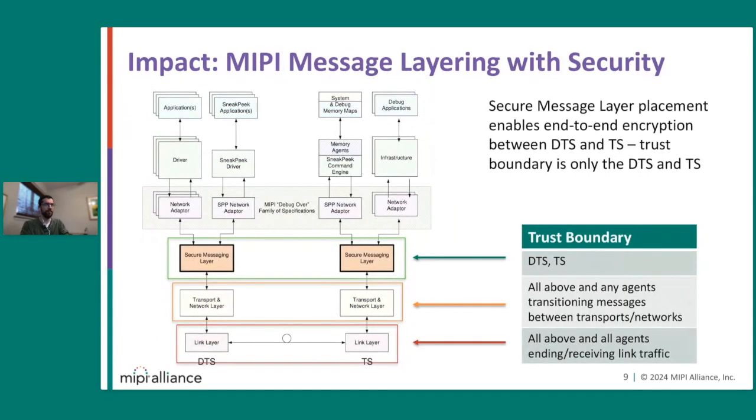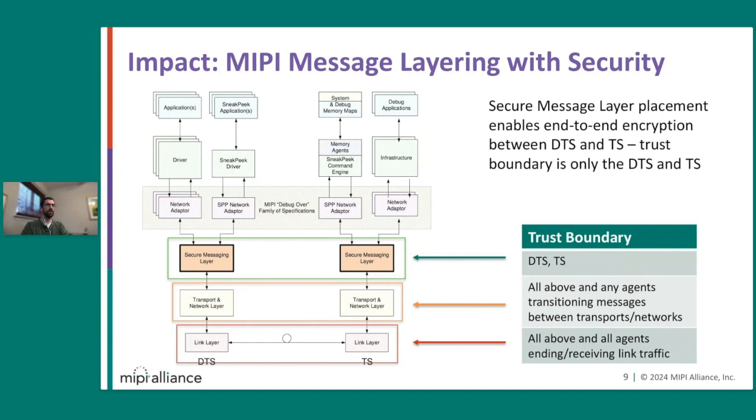Enrico also had, I believe, this exact same figure or very similar, noting how, when we add the security layer, it is added within this message layering. It's added immediately below the SneakPeek network layer, but above any of the transport or transport and network layer. The reason we did this was to have the trust boundary be just between the TS and DTS.